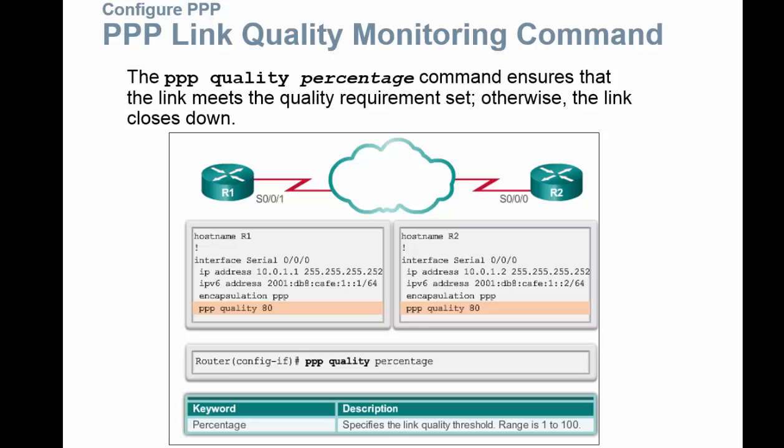So that command is ppp quality percentage, and the percentage is a number from 1 to 100. Use the no ppp quality command to disable the LQM.